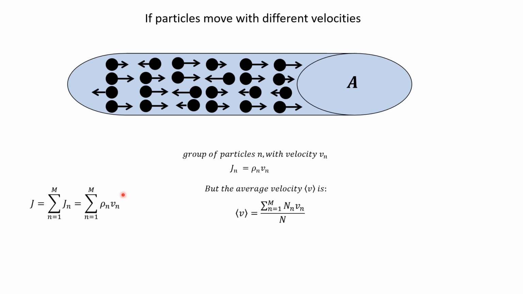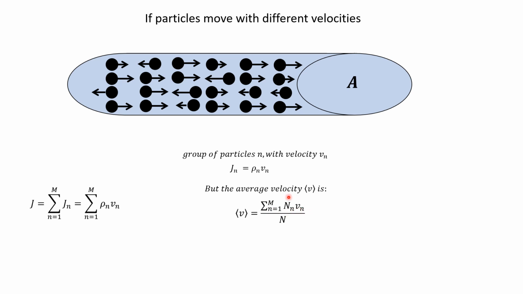Now we want to express the total current in terms of the average velocity. So the average velocity is the sum of the velocities of all particles divided by the number of particles. So it's a simple average. Here n is the number of particles, and the term in the numerator is the sum of the velocities over all particles. We are expressing this sum taking the contributions of each group.